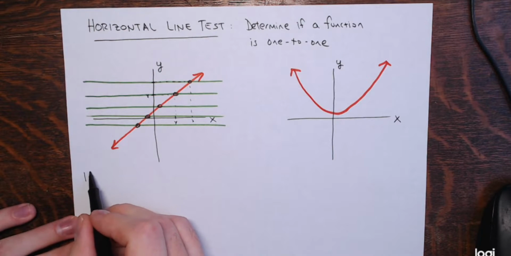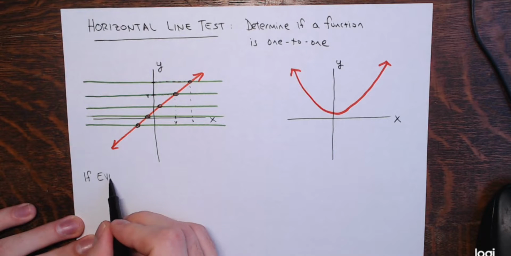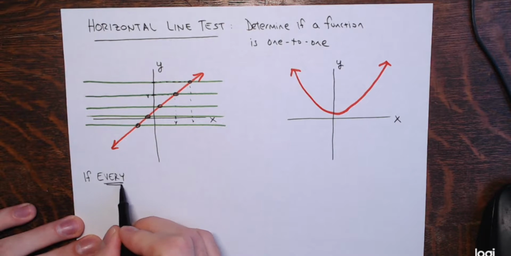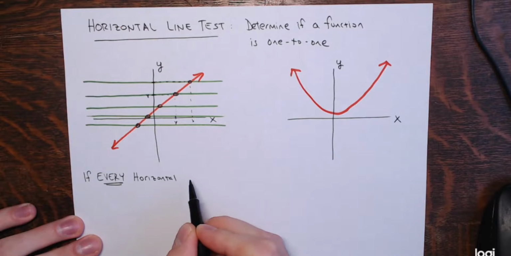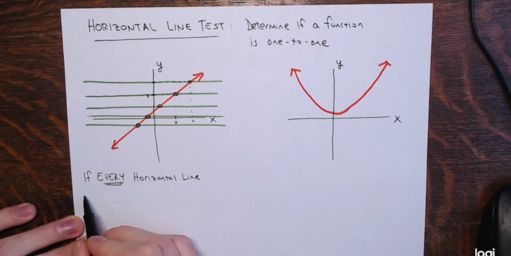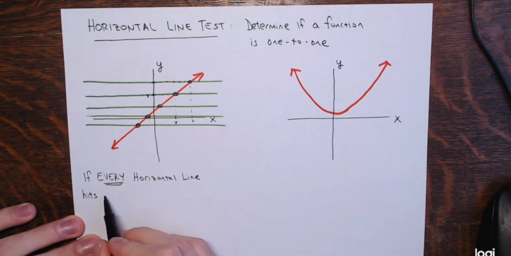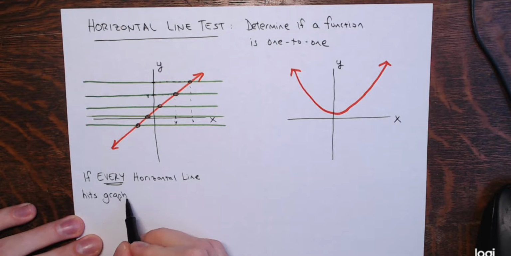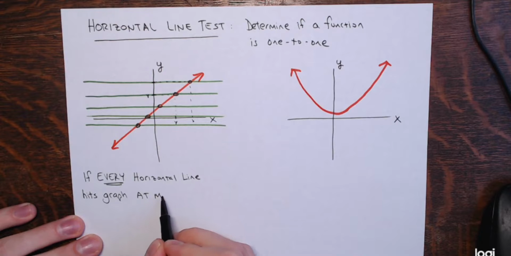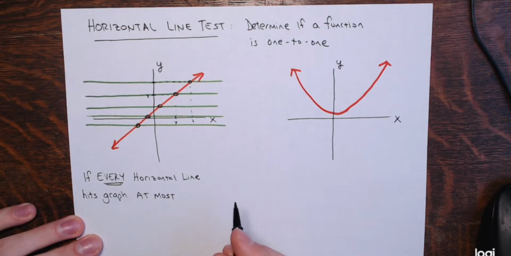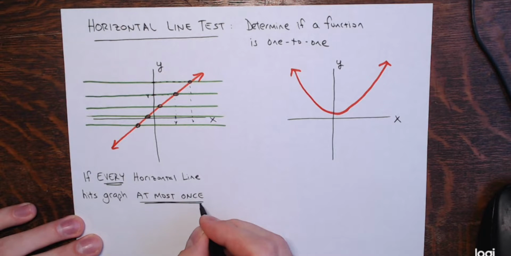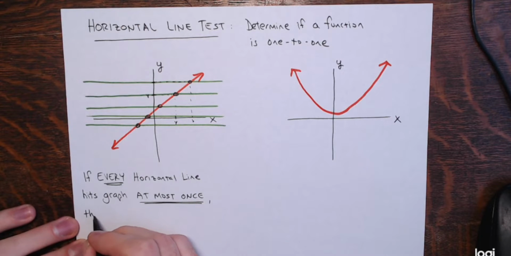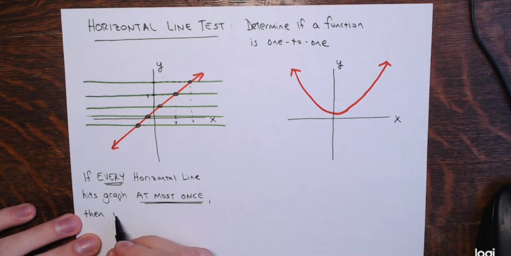If every horizontal line hits the graph at most once, so one time or no times, at most once, then y is a one-to-one function of x.